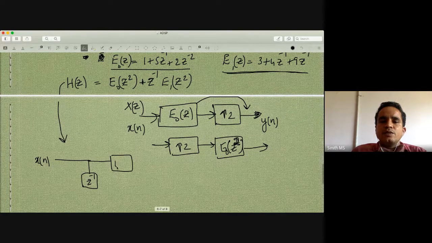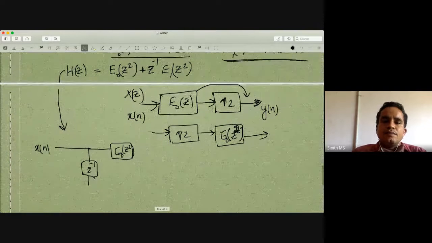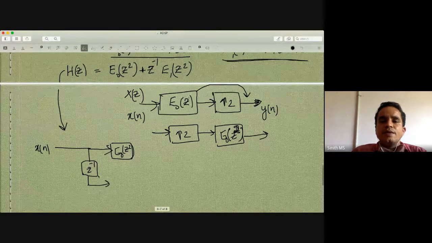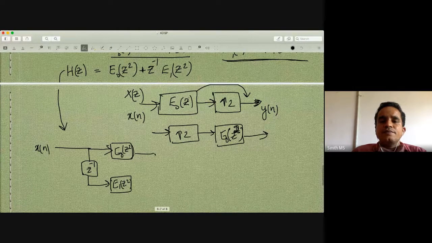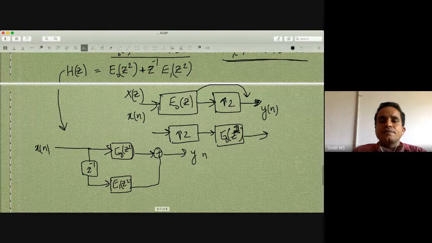You pass it through E0(z square), and with a delay, you pass it through E1(z square). Whatever you get, you add to get y[n].